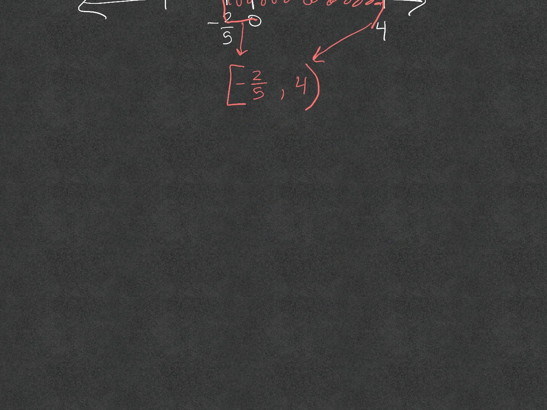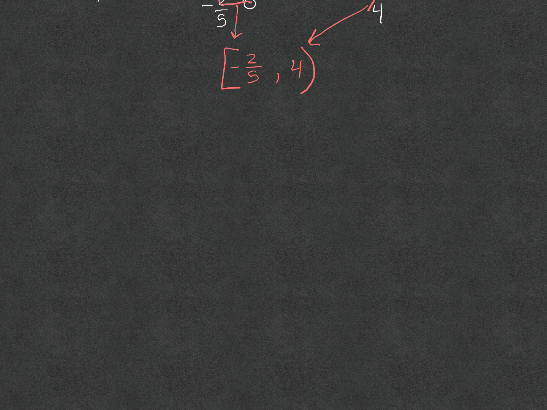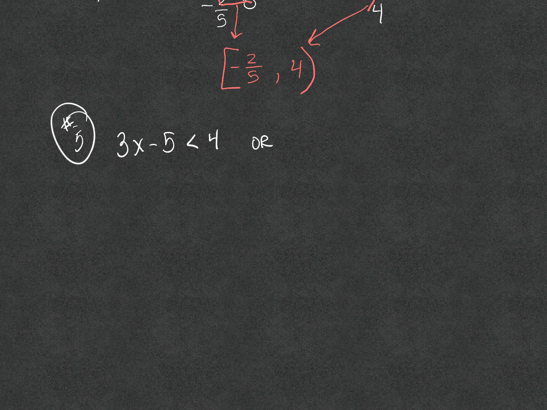Now you may have a union or a disjunction that you have to deal with. So let's take a look at an example with that. So if, for example, number 5 reads as 3x minus 5 is less than 4, or 5x minus 9 is greater than or equal to 16.